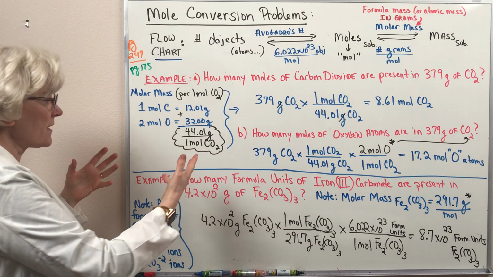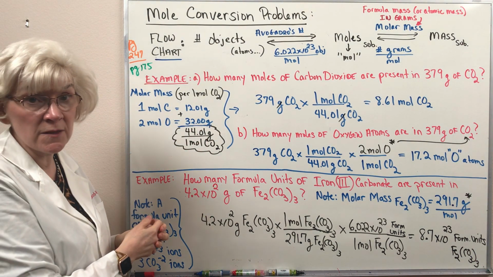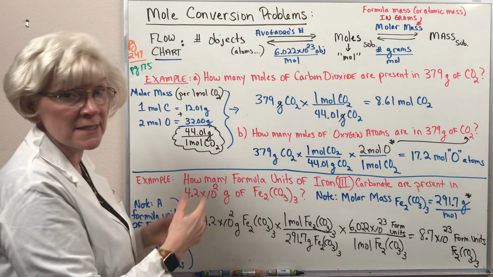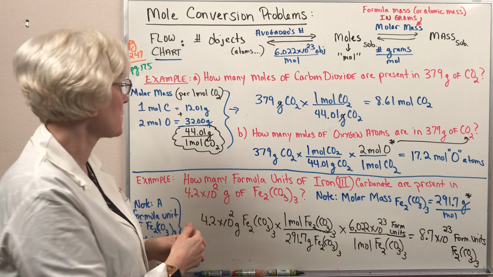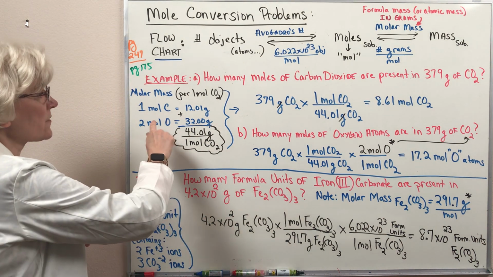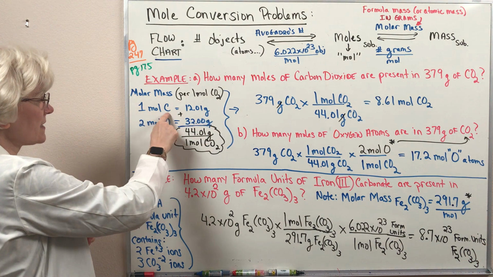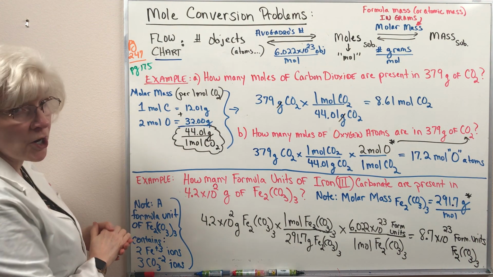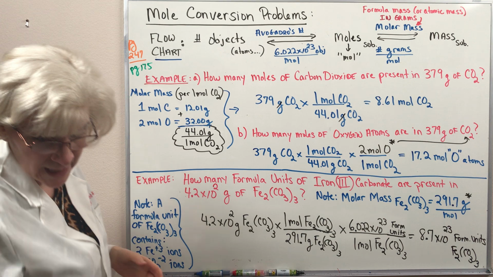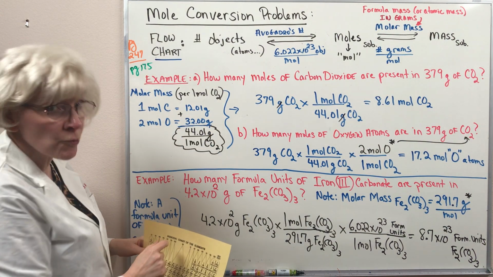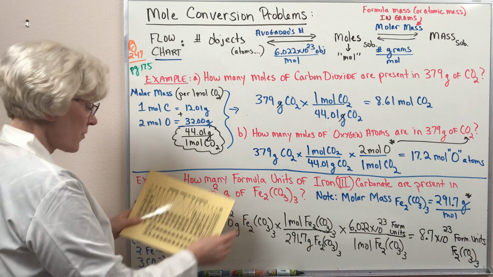And we illustrated that when we calculated the formula mass of iron 3 carbonate. The molar mass is the formula mass expressed in grams. Looking at the formula of carbon dioxide, I see that 1 mole of carbon dioxide contains 1 mole of carbon. The periodic table tells me that the molar mass of carbon in grams is 12.01 grams.